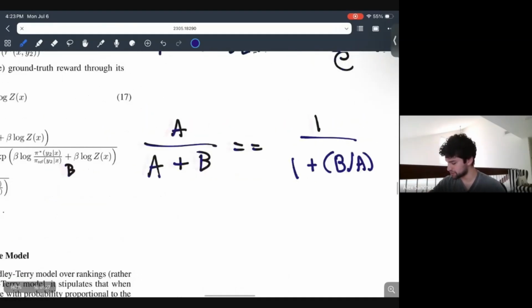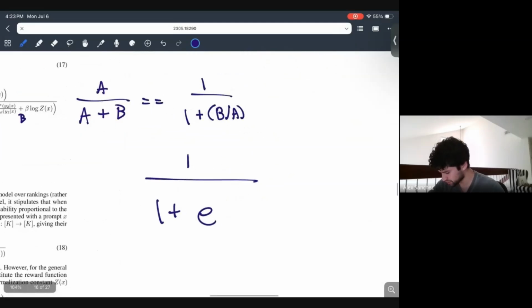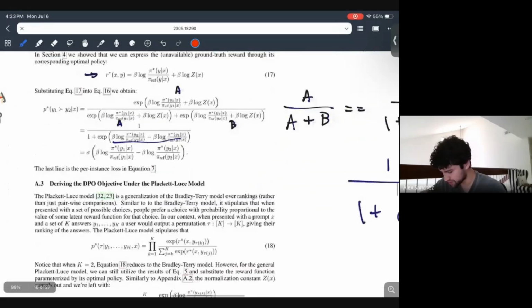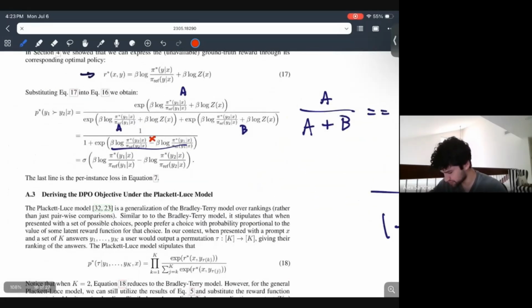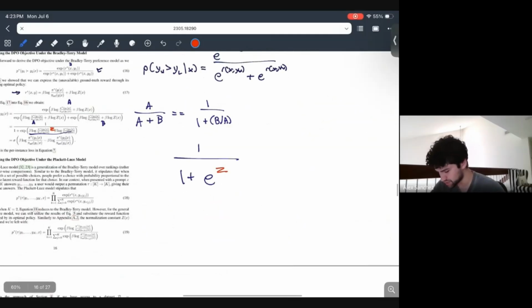And then let's think about this. We now end up with 1 over 1 plus e to the, let's just make this equal to z. 1 plus e to z.